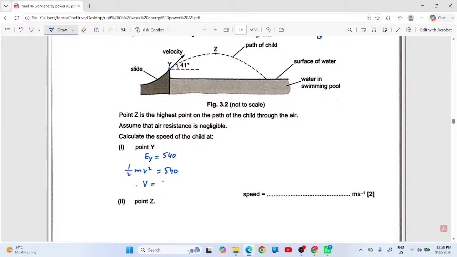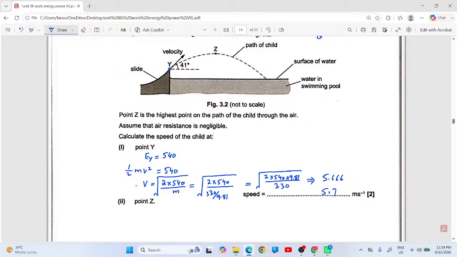So v equals the square root of 2 multiplied by 540 divided by the mass. Mass is not given, weight is given, so the mass is 30 divided by 9.81. Putting in the values gives 5.66, so this is 5.7 meters per second.